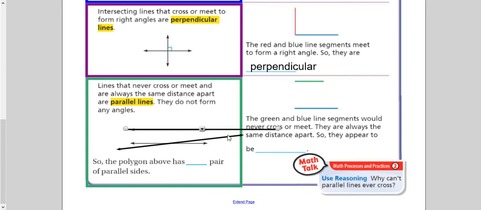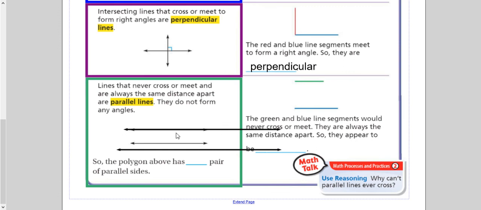So these intersecting lines are eventually going to cross. But just like a railroad track, we want to make sure that they are the same distance, running side by side, never crossing, or else we would have a great big train wreck.